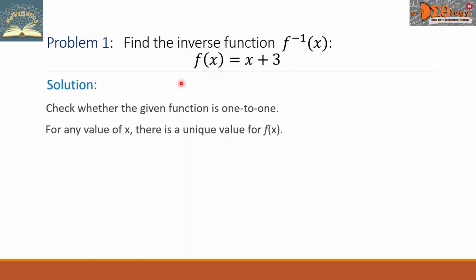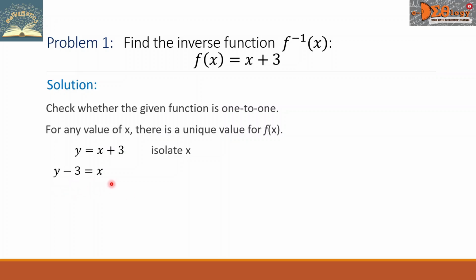Now, we're going to rewrite our function down here. But instead of f of x, we're going to use y. So, y equals x plus 3. Next, we're going to isolate x. This positive 3 we transpose to the left. So the left side now is y minus 3 equals x.